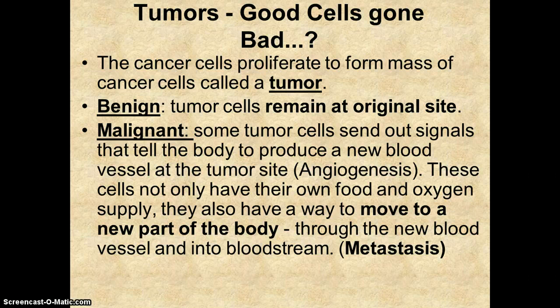These blood vessels basically supply this tumor with its own food and oxygen. So these cells can continue to divide without any control. The worst part about it is that when these new blood vessels come in and supply the tumor, cells can now move into the bloodstream and then move to a different part of the body.